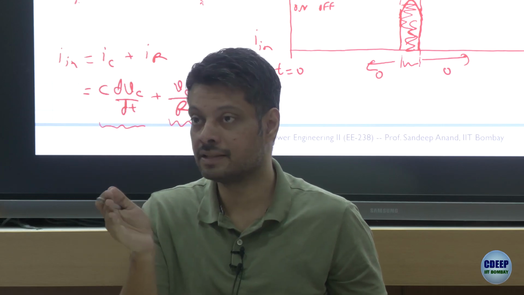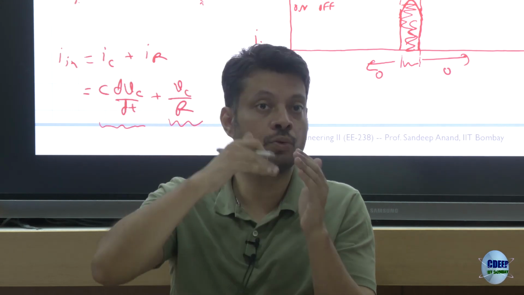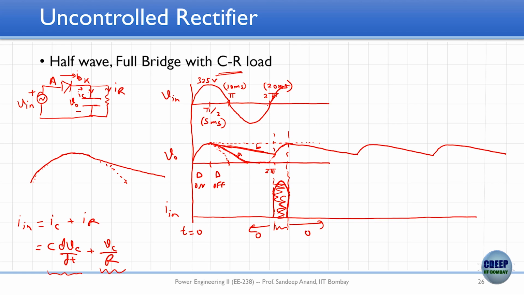For power balance, even if the duration of the input current is very small, the magnitude has to grow, because the output power equals the input power. The load power V square by R remains the same because I am not changing R, I am only changing the capacitor. So the input power should also remain the same. If I am increasing C and reducing the duration, my peak value will move up.